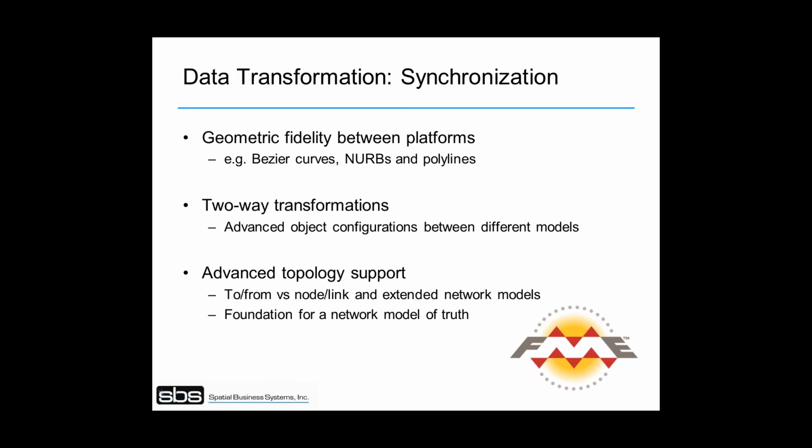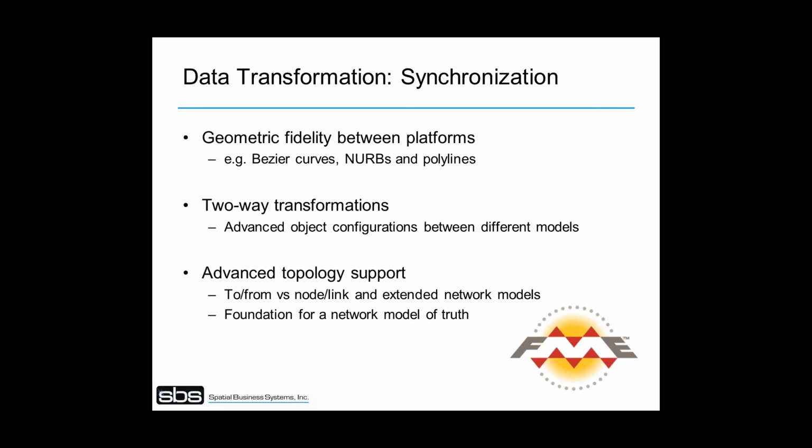When you're moving data between one system and another, those differences may not be quite as critical, but when you're going back and forth, you have to really retain the geometric fidelity between those systems. And the two-way transformations are obviously very important too, so the configurations between the different models can be retained.